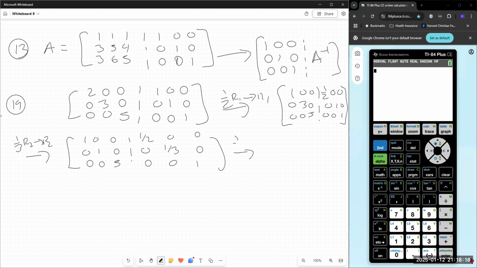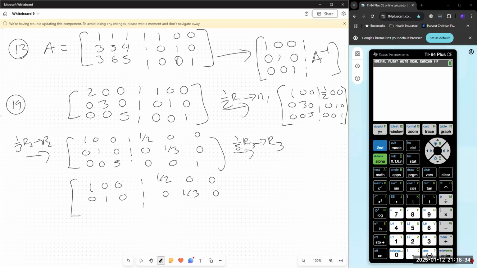My last step is 1/5 of row 3 to produce a new row 3. That's going to give me 1, 0, 0, 1/2, 0, 0, 0, 1, 0, 0, 1/3, 0, 0, 0, 1, 0, 0, 1/5. I could do that faster by hand than with my calculator.